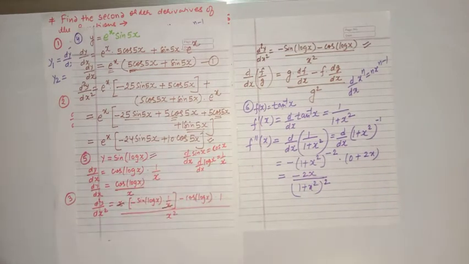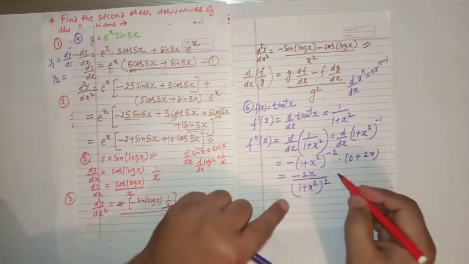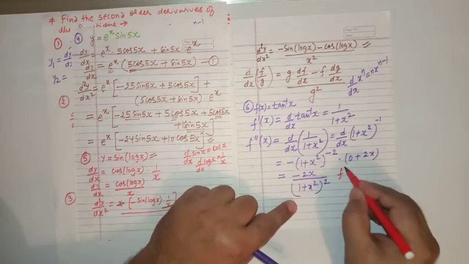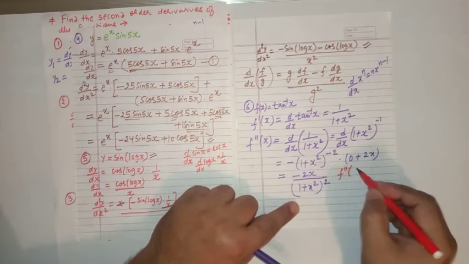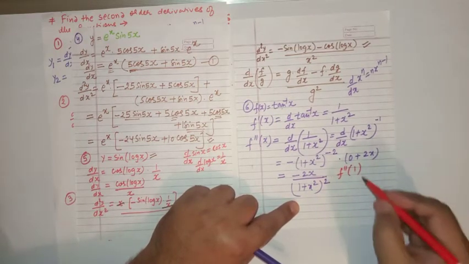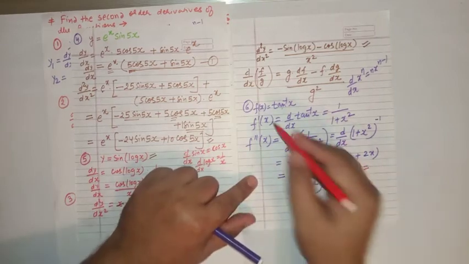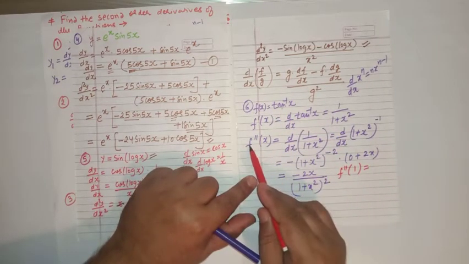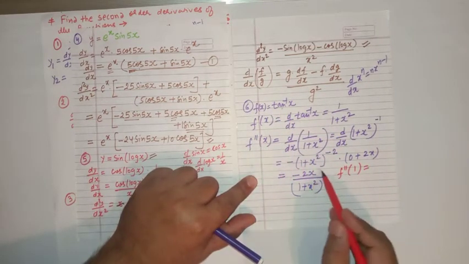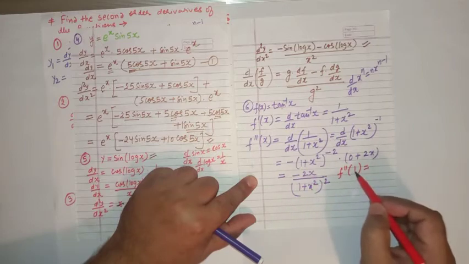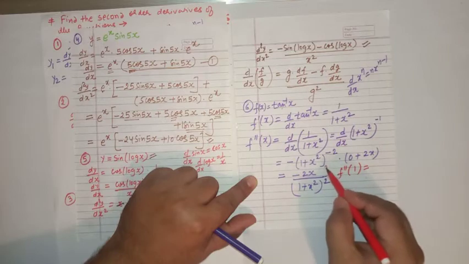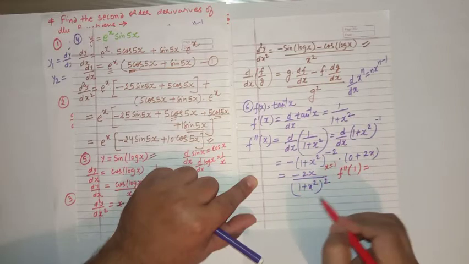Suppose here if we have to find, say, f double prime of 1, then what we will do, we'll first find f double prime of x as this function, then we have to find f double prime of 1, so we'll substitute x equal to 1 in this expression.